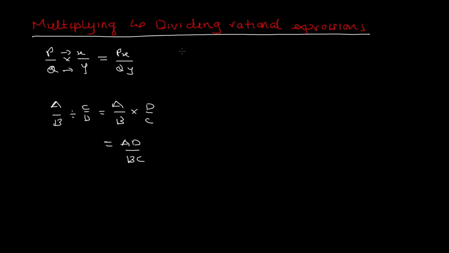The first example being this one: x squared plus 2x minus 3 over x squared plus 8x plus 16, and then we are multiplying by 3x plus 12 over x minus 1.